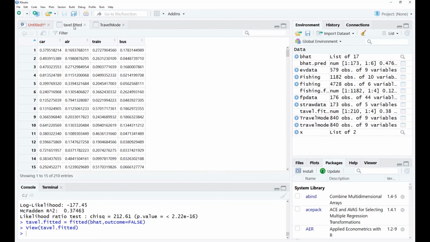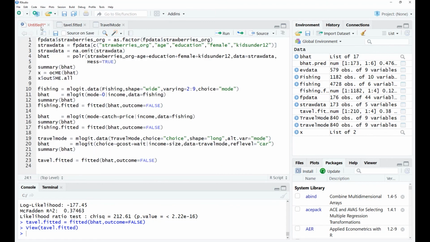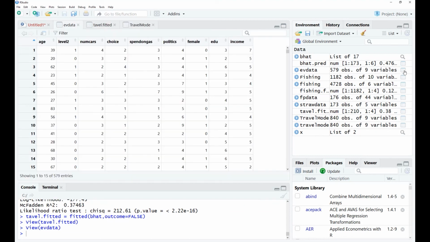Now, let me demonstrate the last data set. This data set is called EV data, where EV stands for electric vehicle. And this is actually part of a data set that my co-authors and I used in 2014 to publish a paper about the choice individuals make with regard to purchasing a gasoline vehicle, a hybrid vehicle, a plug-in hybrid vehicle, and an electric car.